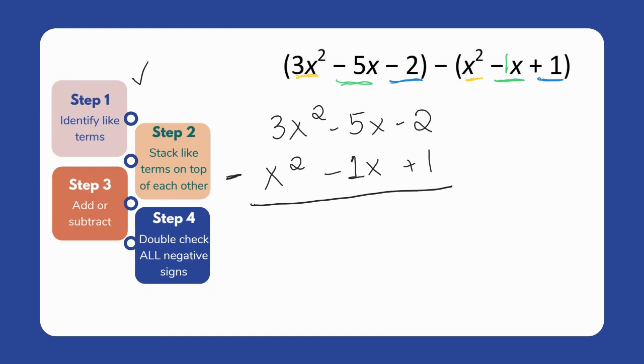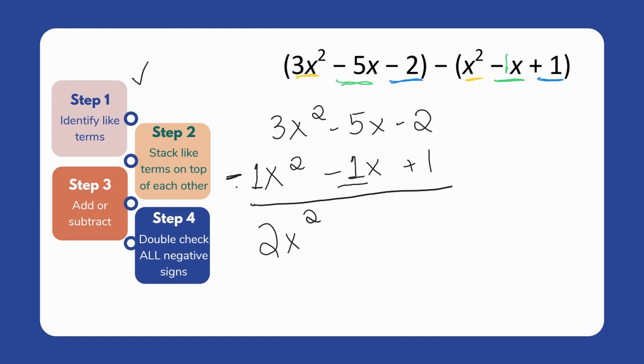All right, so let's start off with our x squared terms. We know there's an invisible 1 right here. So we have 3 minus 1, which is 2x squared. Next, we have negative 5x minus negative 1. So when I have 2 negative signs together, that actually becomes addition.